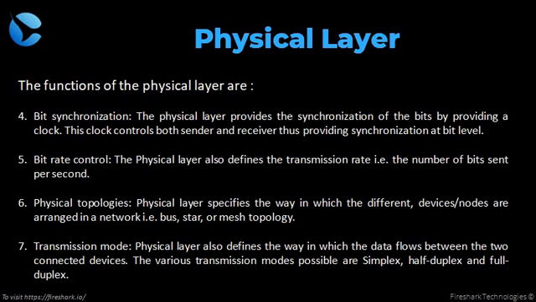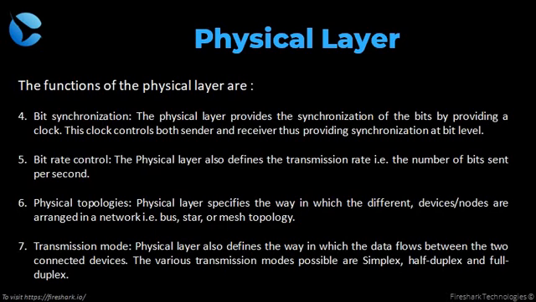Now we will discuss four more. Bit synchronization. The physical layer provides the synchronization of bits by providing a clock. This clock controls both sender and receiver, thus providing synchronization at bit level. So what is synchronization? It acts like a clock.